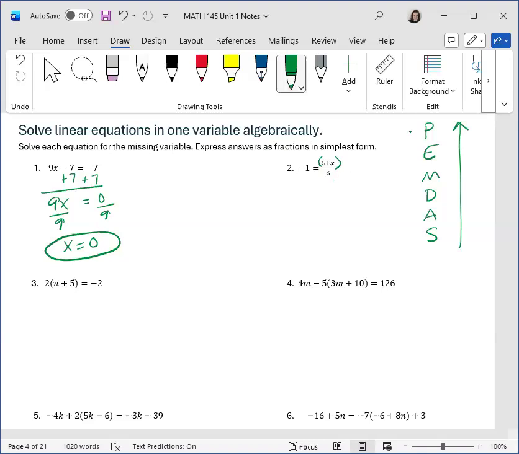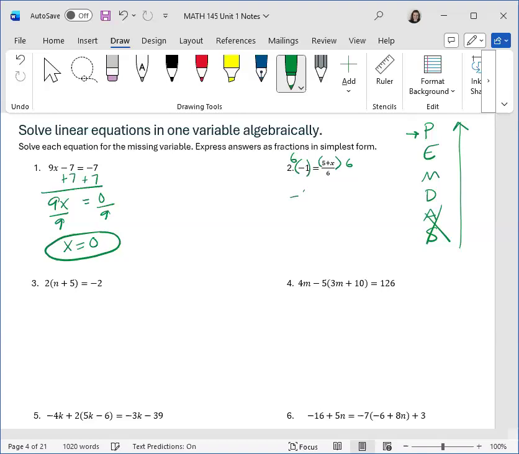So parentheses we do last. So there's no adding and subtracting that's not inside parentheses. So that's out. So we have to get rid of any multiplying or dividing next. So this says 5 plus x divided by 6. So inverse operation would be multiplying both sides by 6.